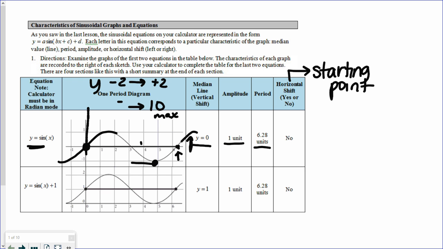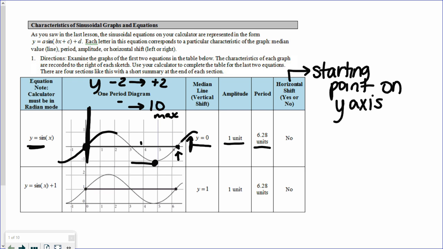If the starting point falls on your y-axis, meaning it's not shifted to the left or the right, that means there is no horizontal shift.